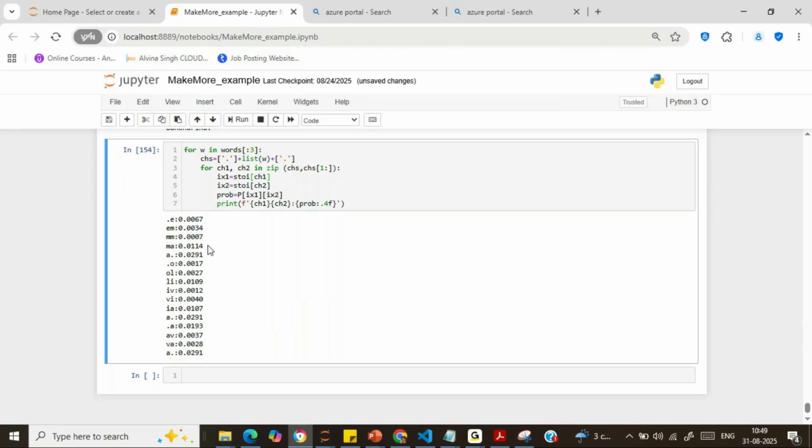Over here dot is coming after a, so it is having almost 3% probability, or priority basically, or percentage, so that is having the highest count. In the same fashion, like this I after L, that is having almost 1% probability.